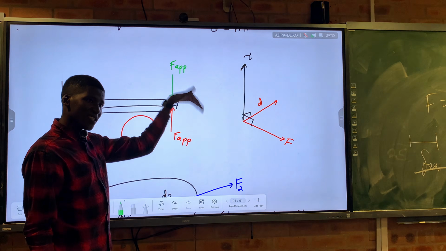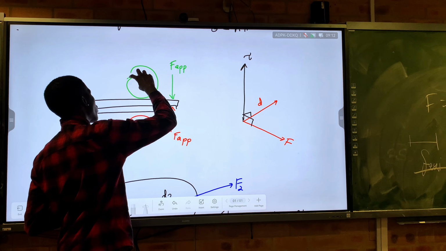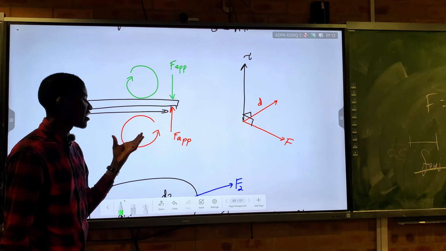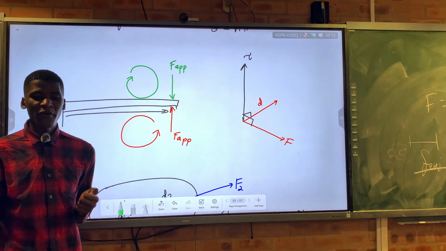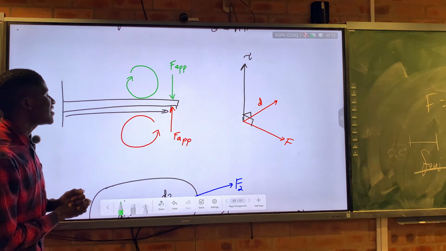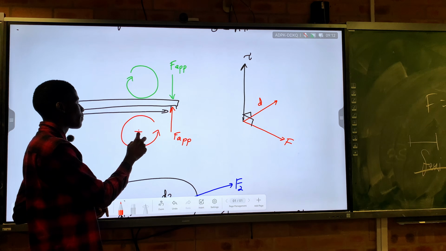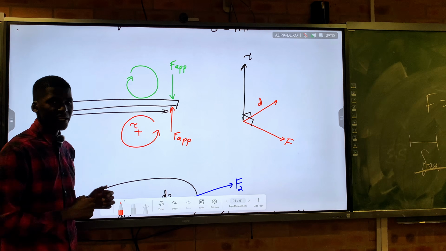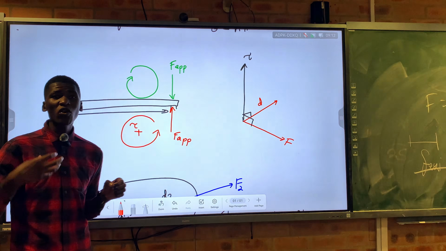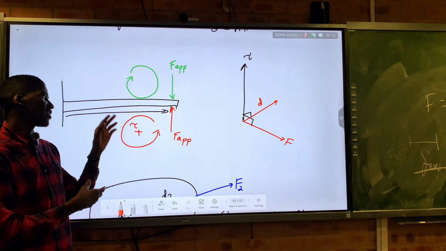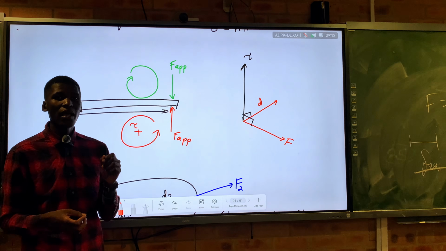It will rotate clockwise. So we have anti-clockwise, I can say counterclockwise, and we also have clockwise. Now when it is rotating anti-clockwise, we assign the torque to be positive. So if the force that I'm applying causes a torque that makes this rotate in an anti-clockwise manner, then your torque is going to be positive.